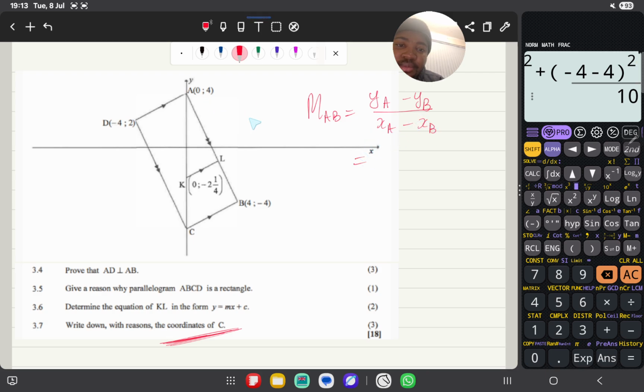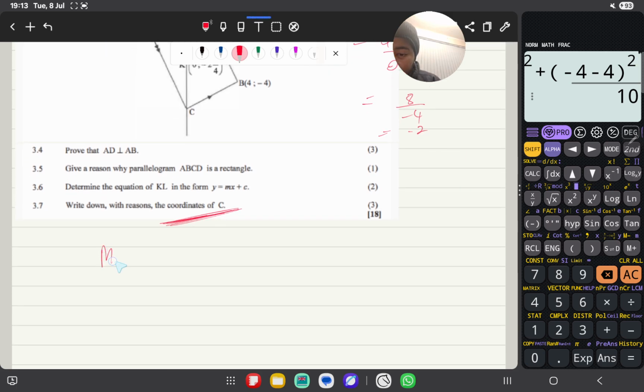Substituting, that is 4 minus 4, that is 0 minus 4. So here that's a positive, right? So that is 4 plus 4, which is 8, divided by minus 4, which is minus 2, right?